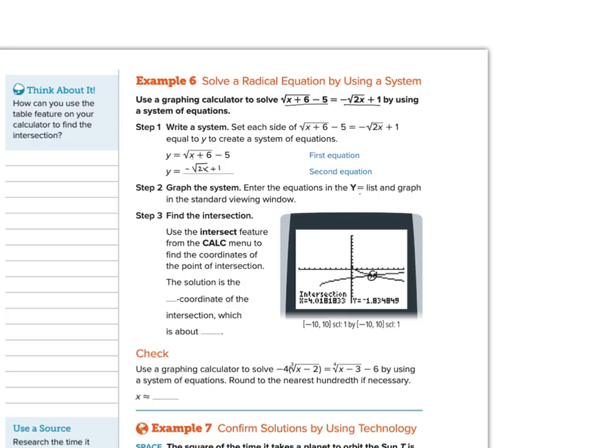So you can look for the intersection under the same calc feature. And again, we've been doing this over and over for the last several months. The solution is the x coordinate of the intersection, which in this case is about 4.01, 4.02.